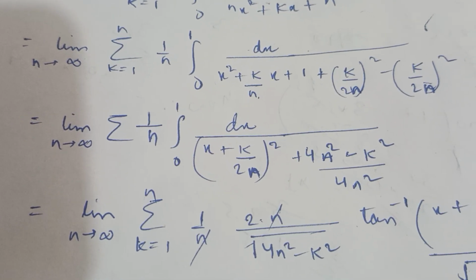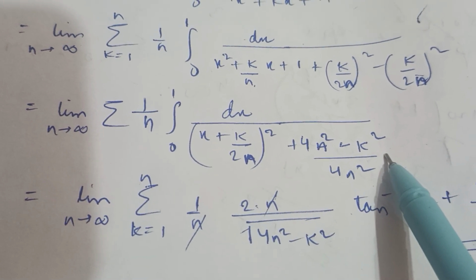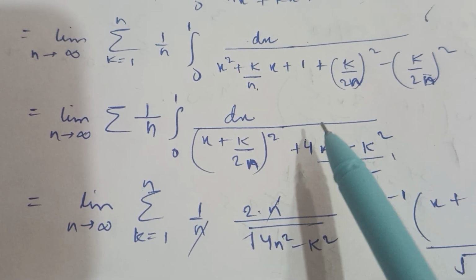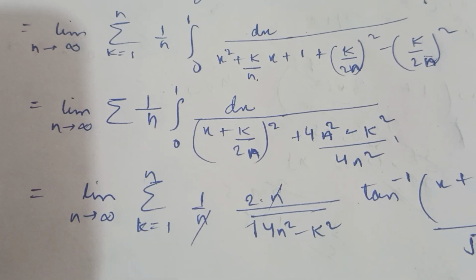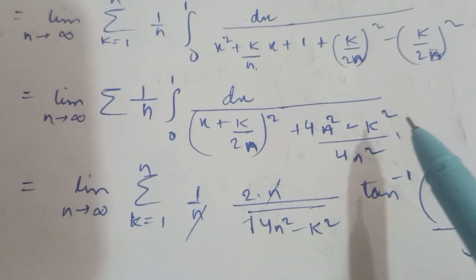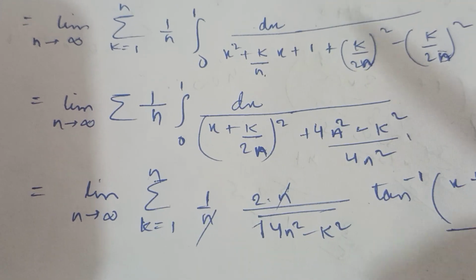Okay, now the next step: we have reached a form of a square plus something, and we can make it b square by taking the under root of something and whole square. We can write it as under root of 4n square minus k square upon 4n square, whole square.